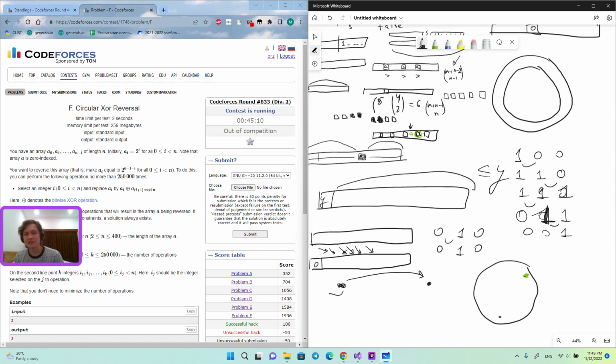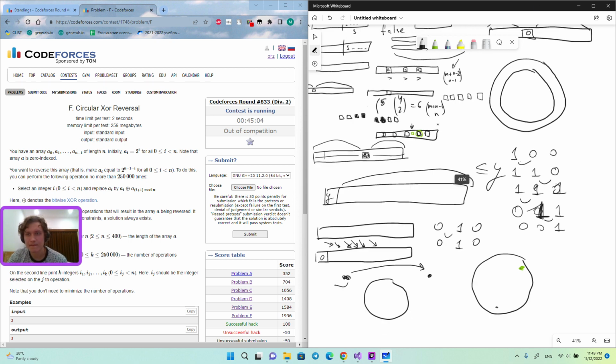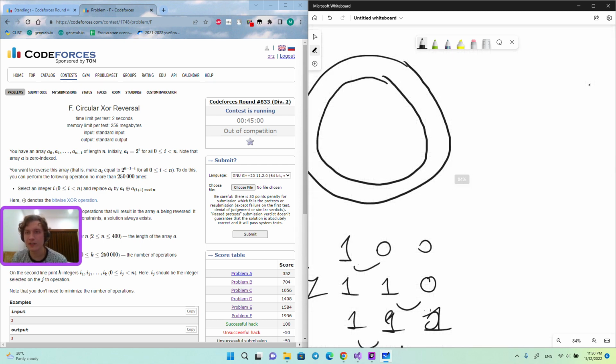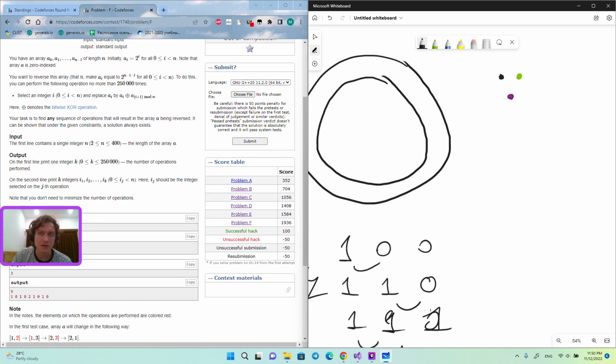Okay, for example, let's consider two neighboring numbers. So what do I have? I have these two numbers and I need to swap them. And also I have some rainbow number.